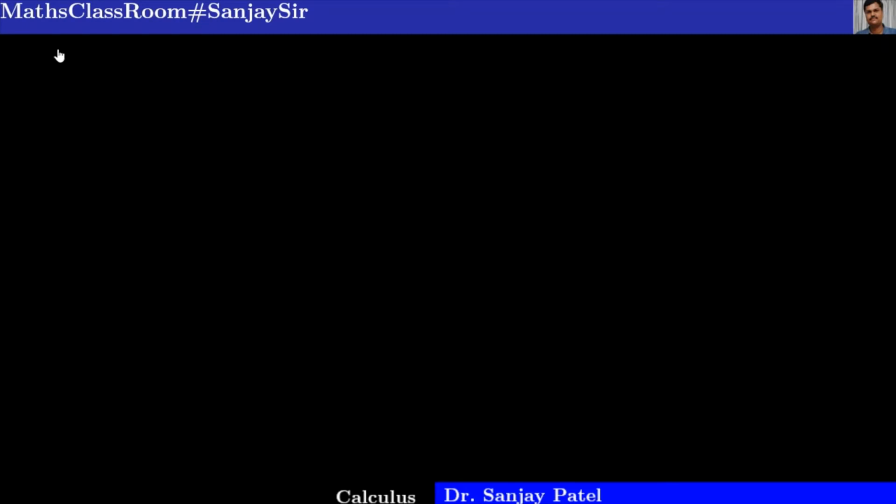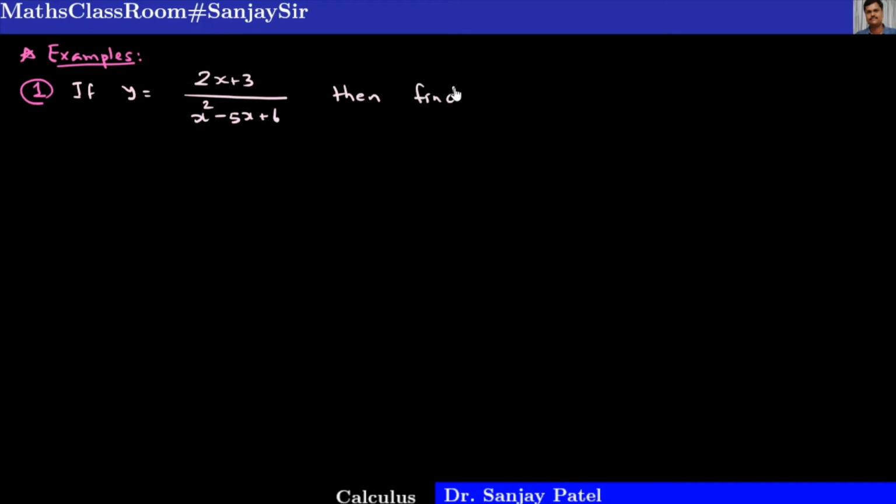So let me write the first problem. If you have y is equal to (2x plus 3) upon (x square minus 5x plus 6), then find the nth derivative of this function, and also find yn(0).